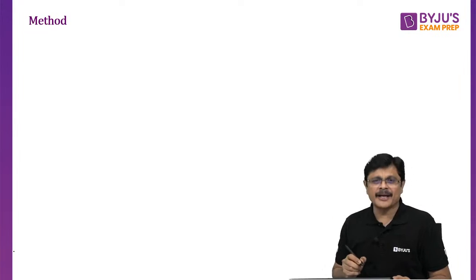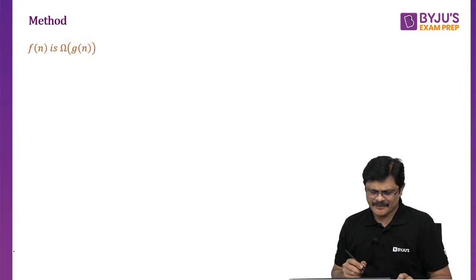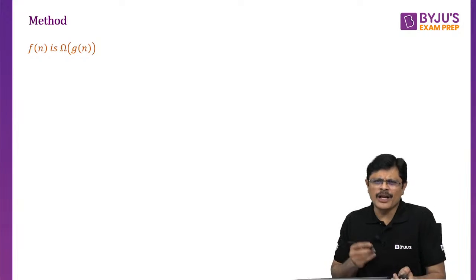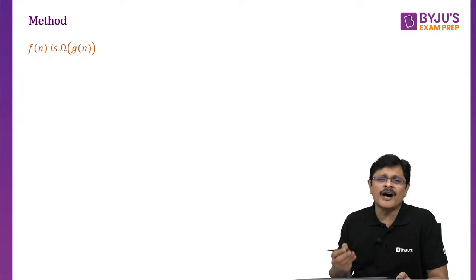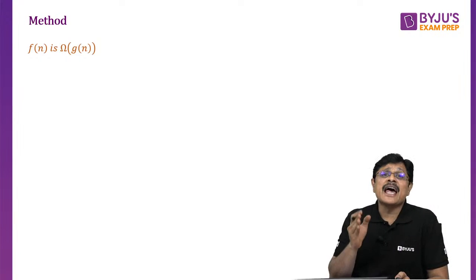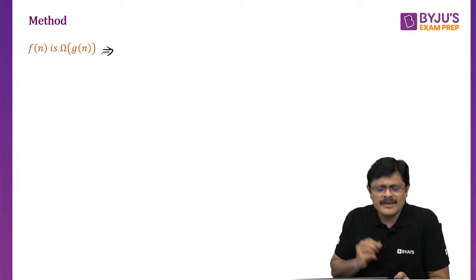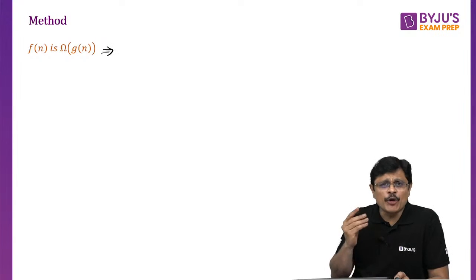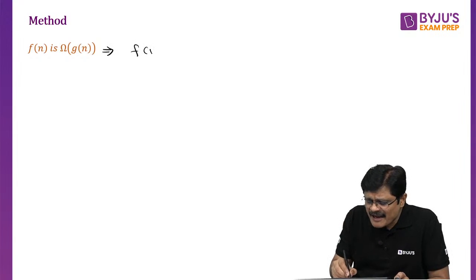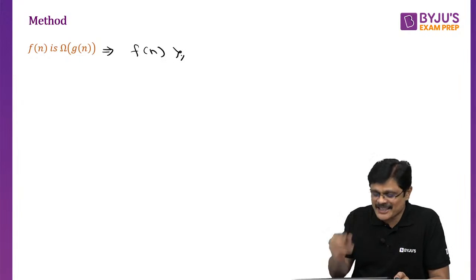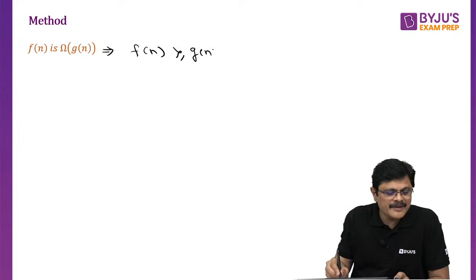The method for identifying whether f(n) is big omega of g(n). How to check whether f(n) is big omega of g(n). That is, g(n) becomes the asymptotic lower bound for f(n). When you want to say f(n) is big omega of g(n), what does it mean? f(n) is asymptotically larger than g(n).